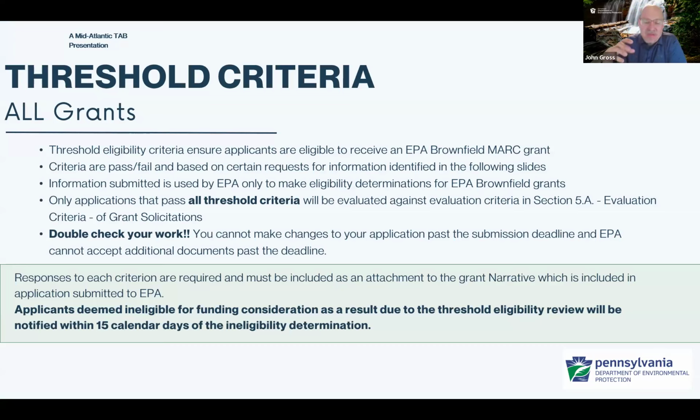Make sure you have your checklist verified. Double check your work is in big bold print for a reason. Make sure you've answered all the questions, and don't rush and try to do this on submission day, because guaranteed you will end up having an issue, and you can't log in or something's happening, and you will regret doing that.